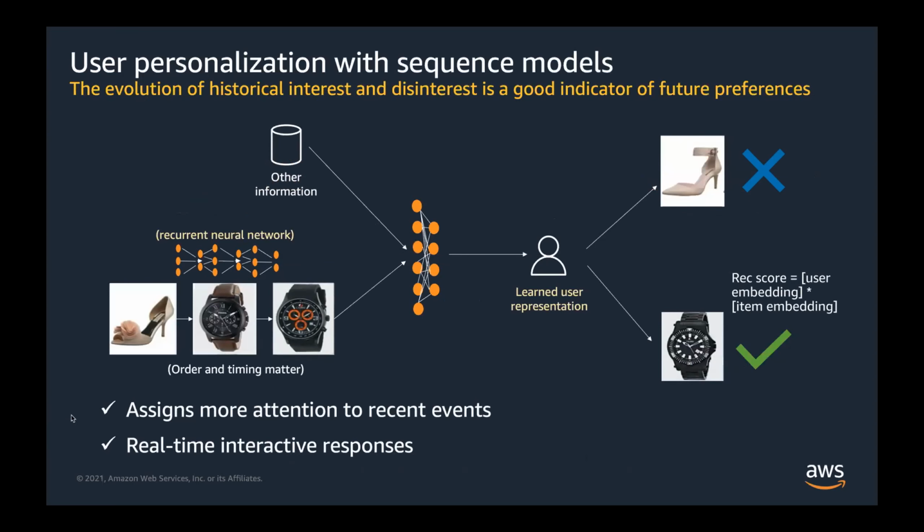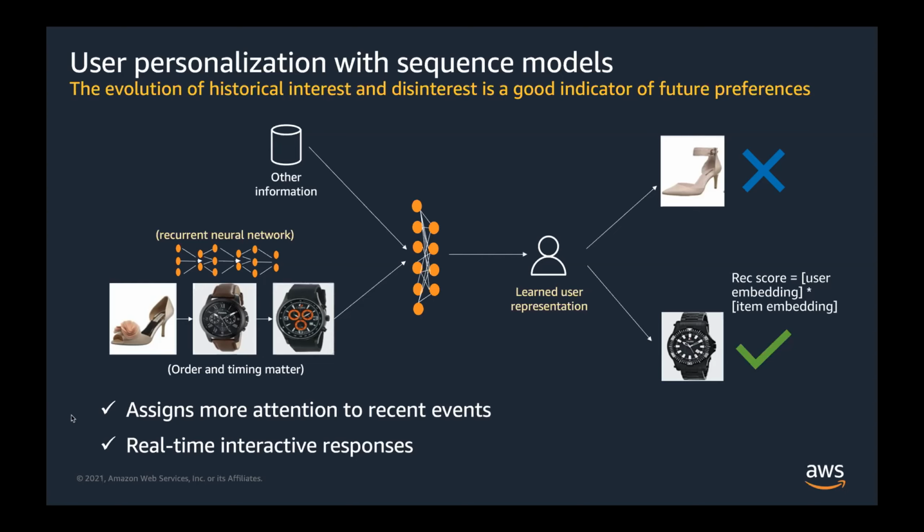The exploitation side of the algorithm uses an HRNN, a recurrent neural network algorithm behind the scenes that looks at sequence models of user behavior and the key data set in Personalize, the interactions data set. It requires a user ID, an item ID, and a timestamp.